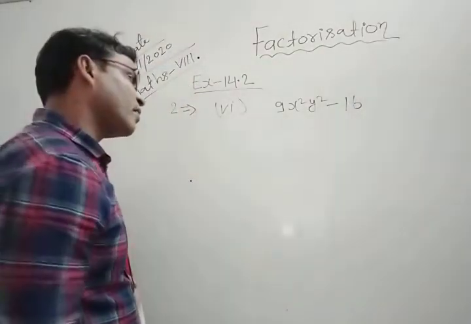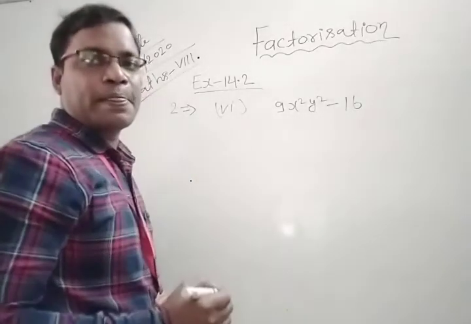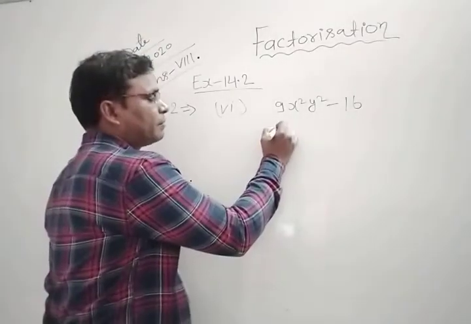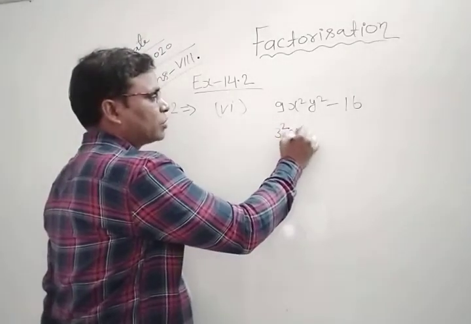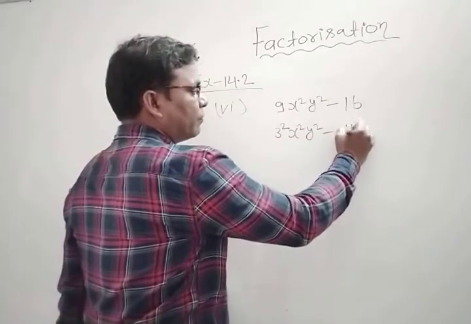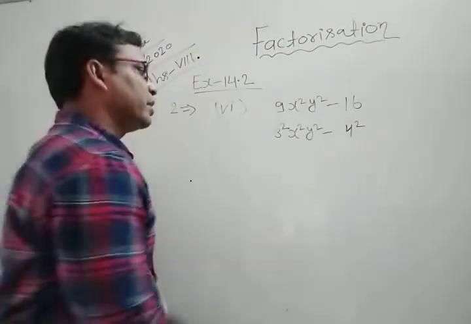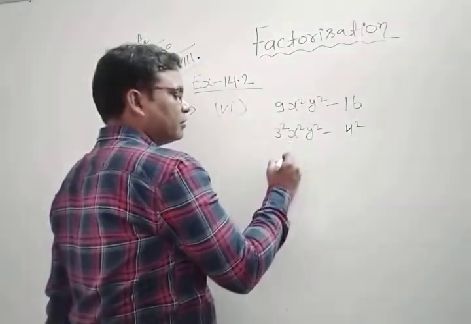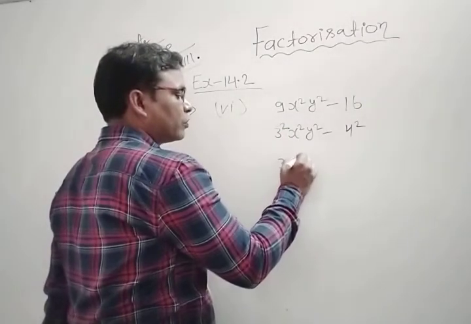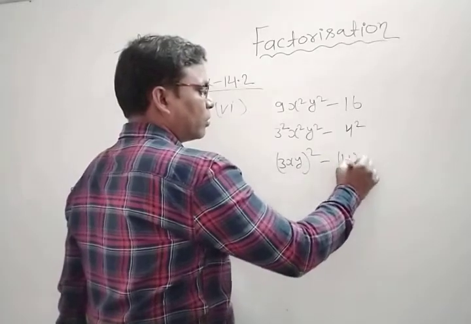Okay, so you can write 9 is square of 3, so you can write square of 3x square y square, and 16 is square of 4. So this becomes whole square of 3xy minus whole square of 4.